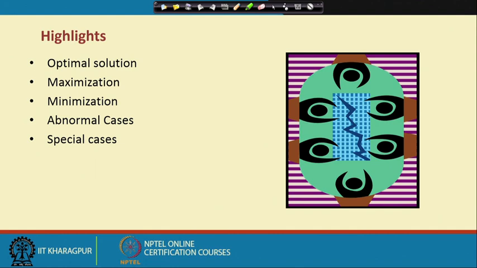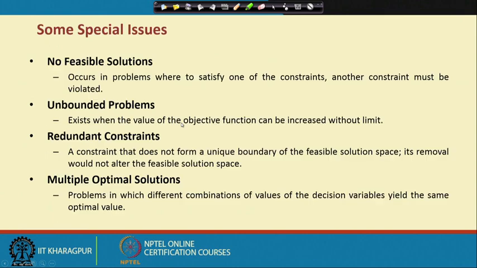In reality there are certain business problems which may have such indications, so we should know how to solve these problems and look for the solution, or give the indication, so that the management decision can be taken into consideration. Now, to highlight the special cases or issues: sometimes we may have no feasible solution.